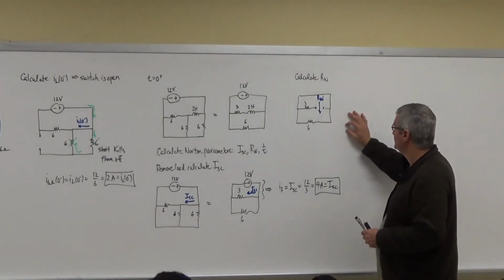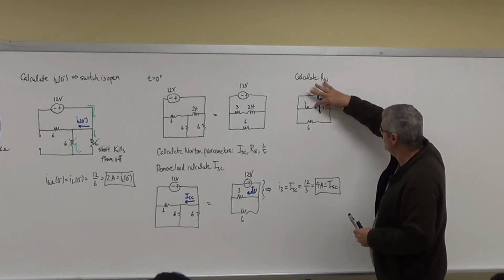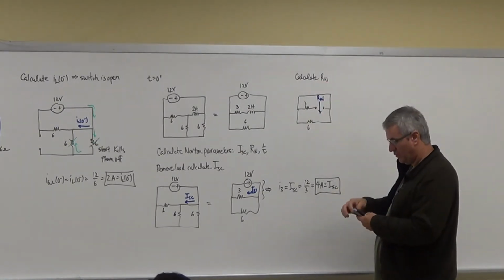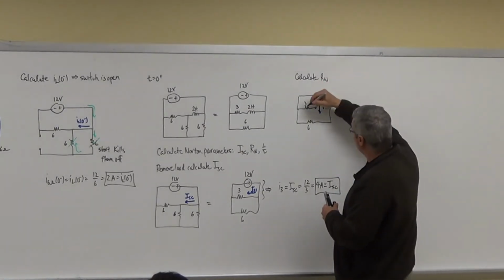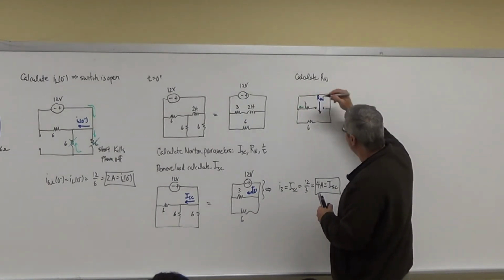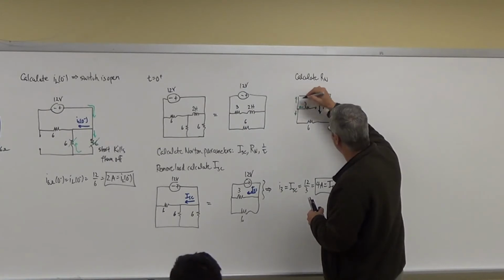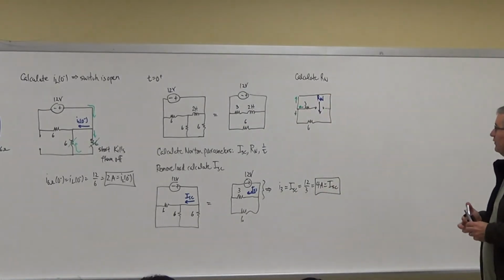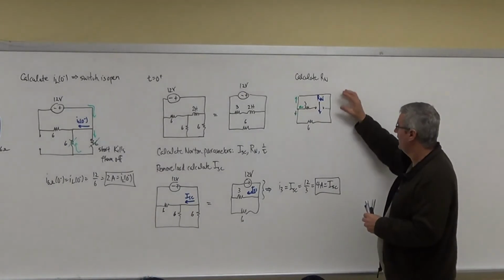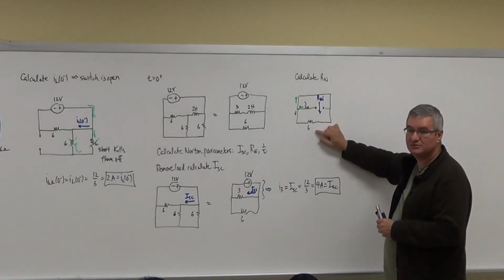For starters, if I look at these 2 nodes, where is my current coming from? If my current's coming here, then it has to split here. If it splits, what happens to the 6 ohm resistor?